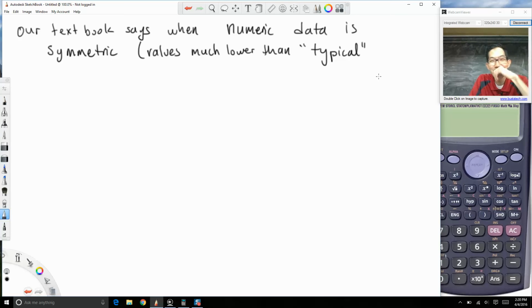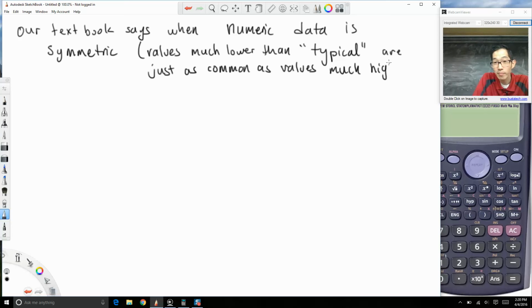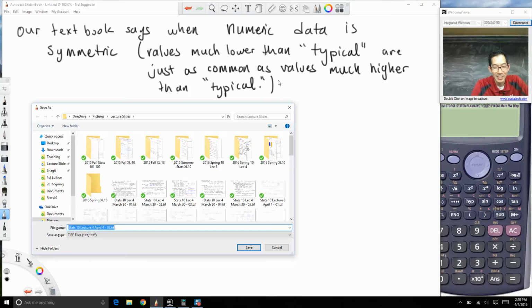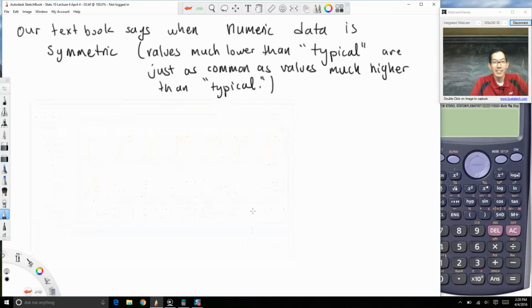Values much lower than typical are just as common as values much higher than typical. This kind of throws off the flow of the sentence here.